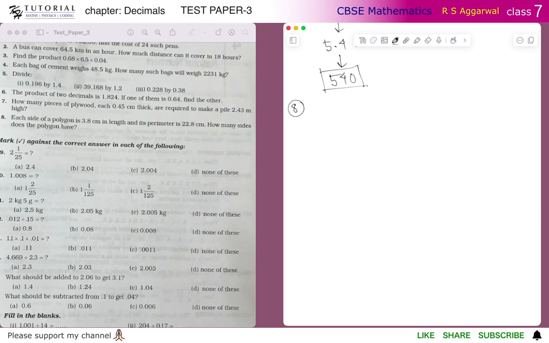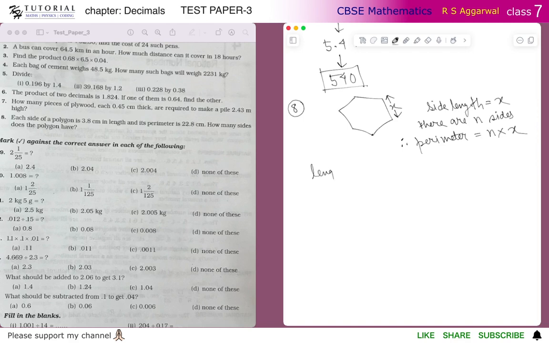So if you have, let's say, a polygon like this, and if the length of each side is x, and there are n sides, therefore perimeter is n into x.